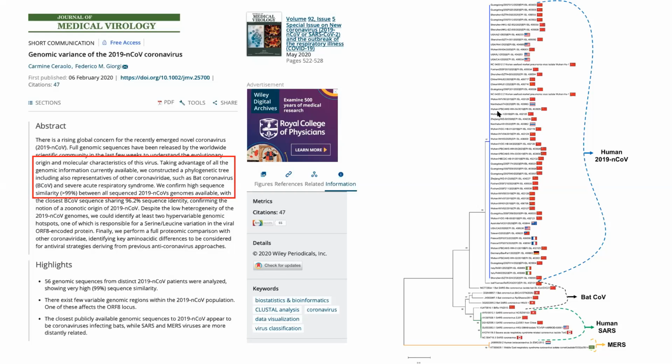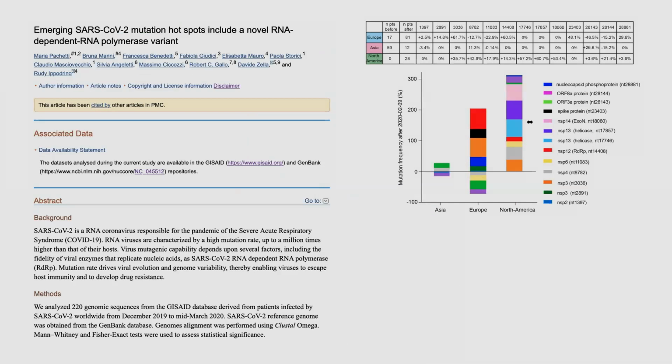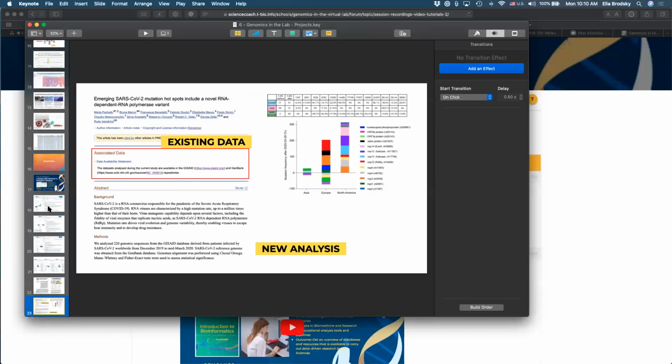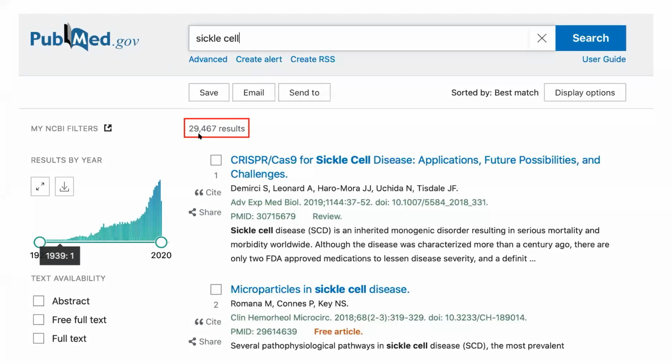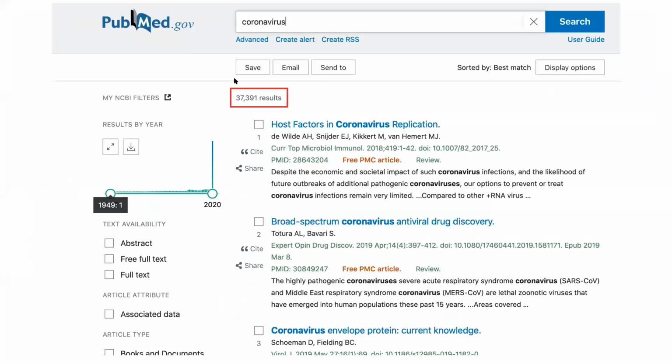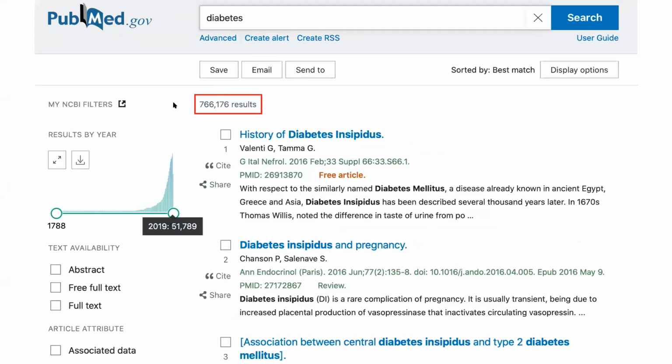Okay, and that's important. Why? Because let's take a look again at some of these numbers. Here you have a total of 30,000 results about sickle cell. You have almost 40,000 for coronavirus. Here you have 766 papers, right? These are publications about diabetes.